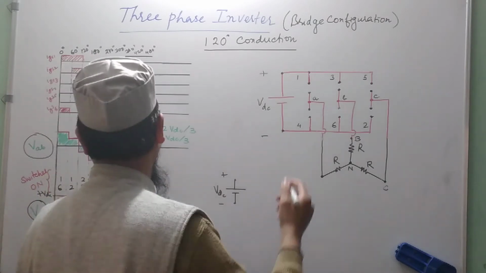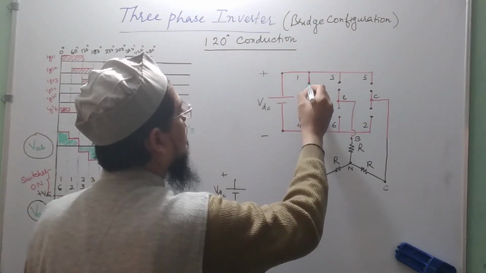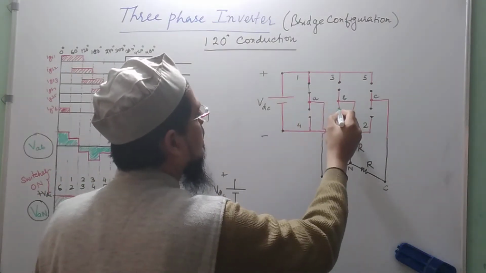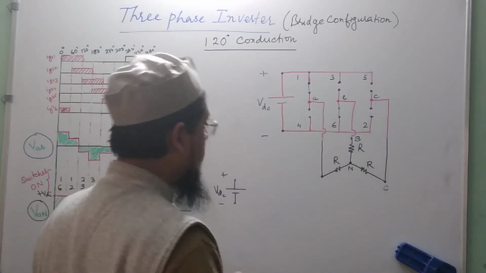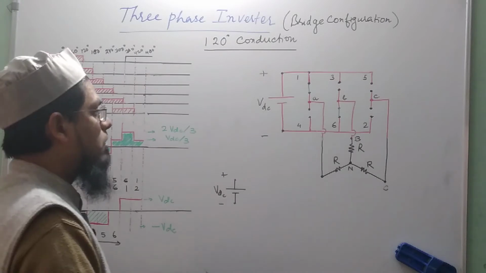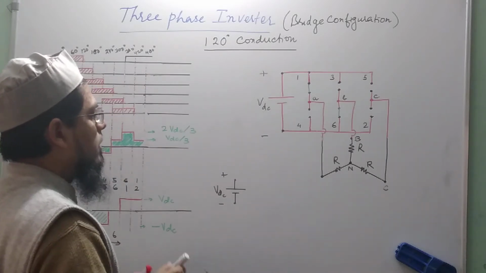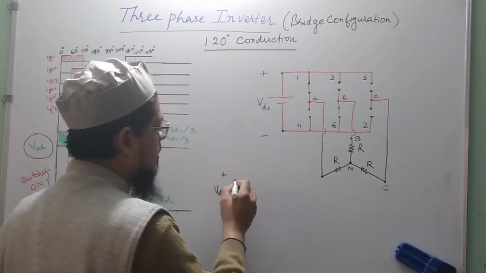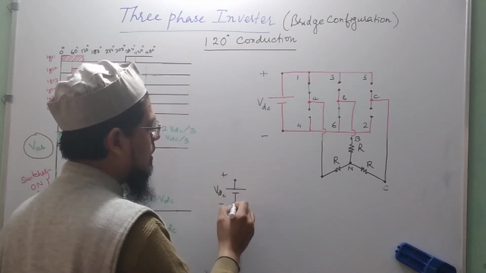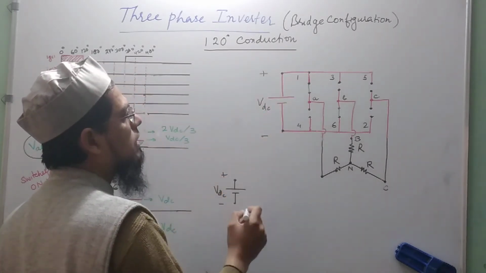So, when 1 and 6 are conducting, let us draw a simplified version of this circuit. I have drawn this VDC, which is the DC power supply, and these 2 points are the plus and minus points in this circuit.